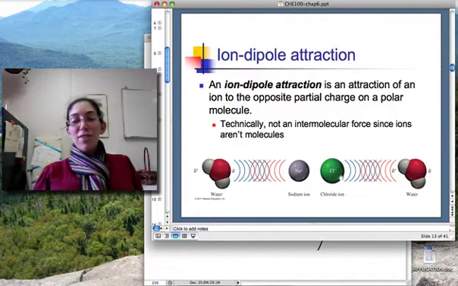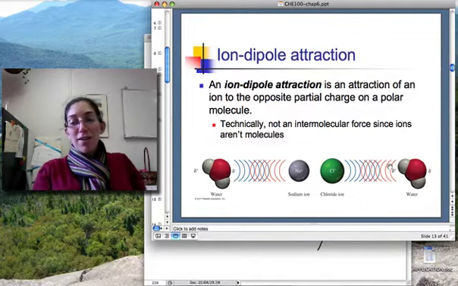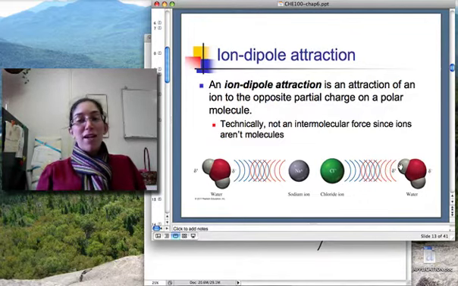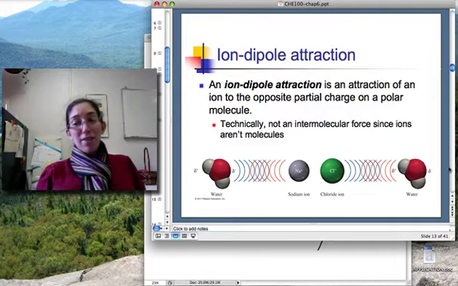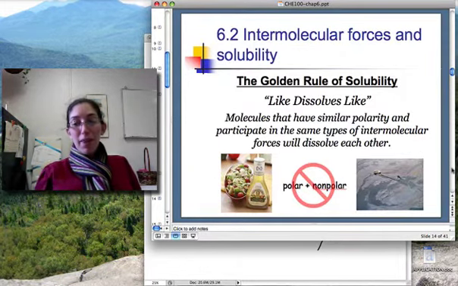And chloride, which is negatively charged, is going to be attracted to the partially positively charged hydrogen of water. Okay, so that's an ion-dipole attraction, and it forms if you have a polar molecule and you have ions.